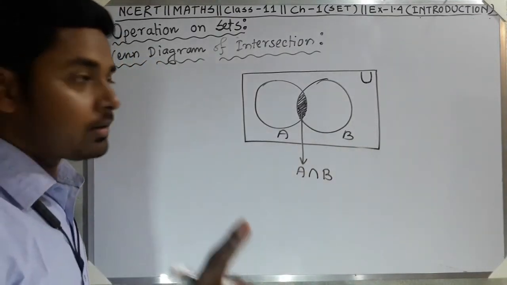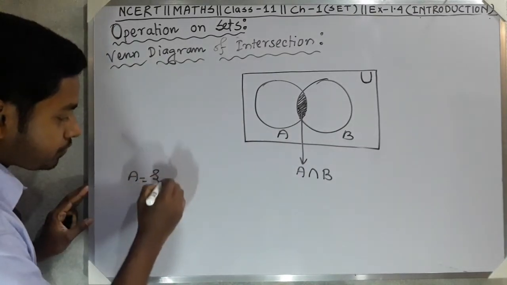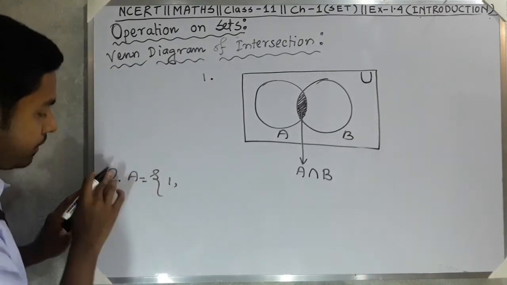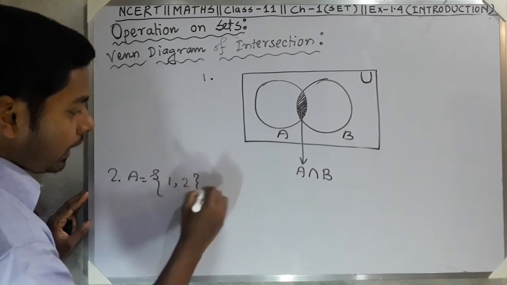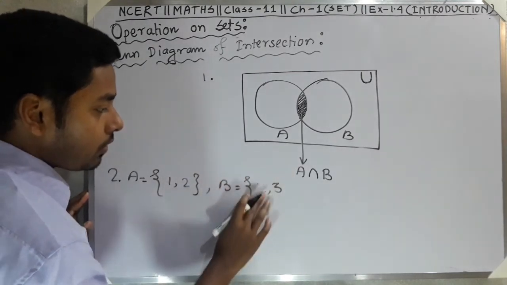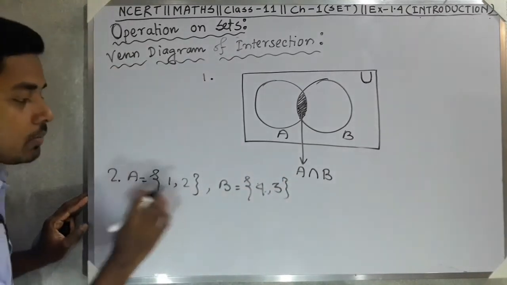Is that clear? Now I am giving another example. A is equal to {1, 2} and B is equal to {4, 3}. So what is the intersection of set A and B?